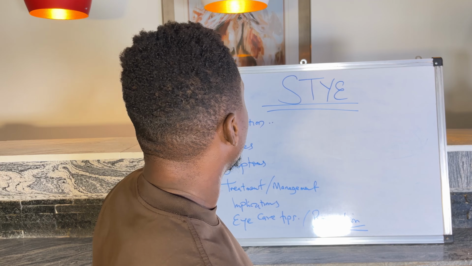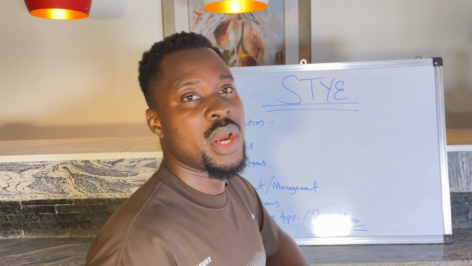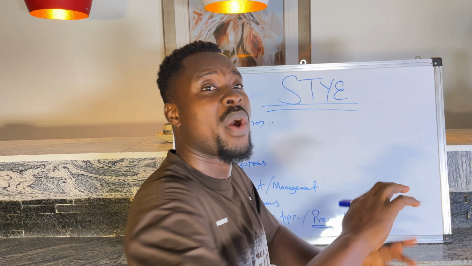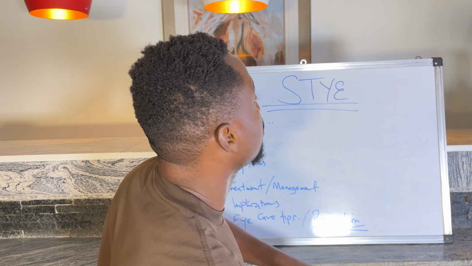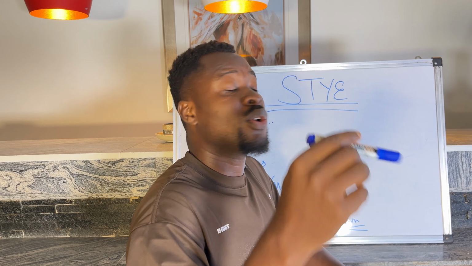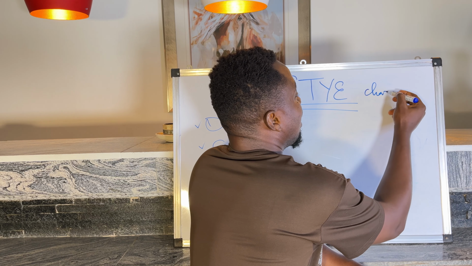So when you see a stye, you can differentiate it by the pain, the redness, and the swelling of your eyelid. It is quite different from chalazion, but we'll get to that as we proceed. So in this video, we are also going to differentiate between stye and chalazion.